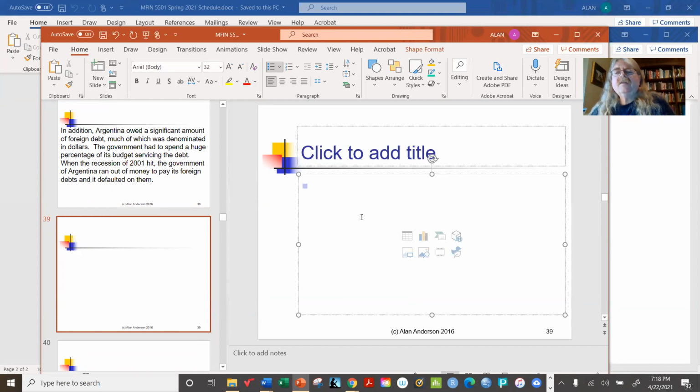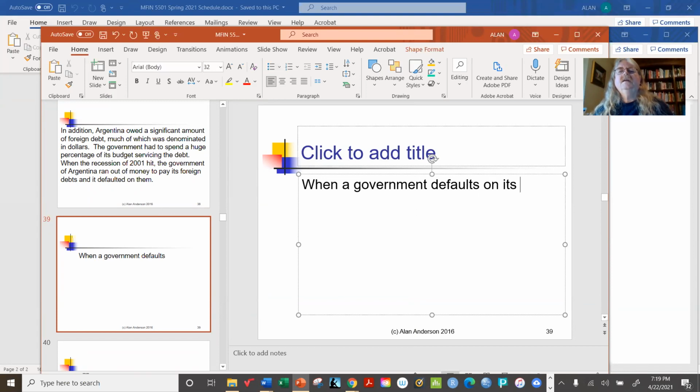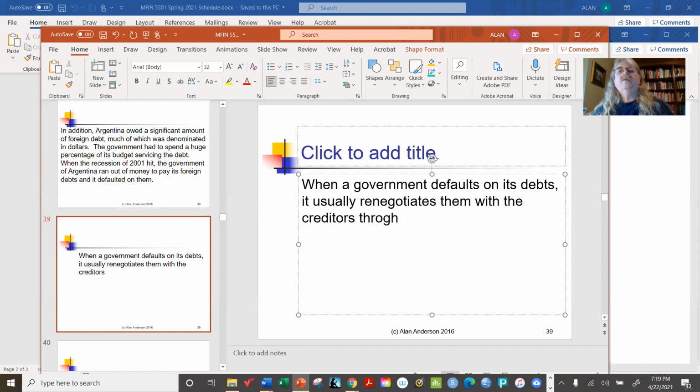With a government, though, when a government defaults on its debts, it usually renegotiates them with the creditors through the World Bank. Usually the World Bank comes in and they take over and they say, all right, everyone, here's what we're going to do. We're going to figure out how to get everybody as much money as possible. And they often lend the defaulting country money too, to help them get back on its feet.